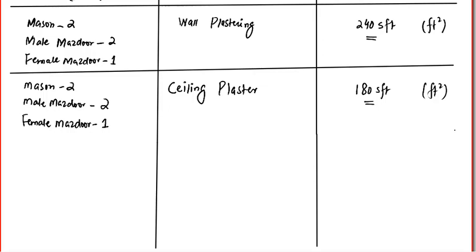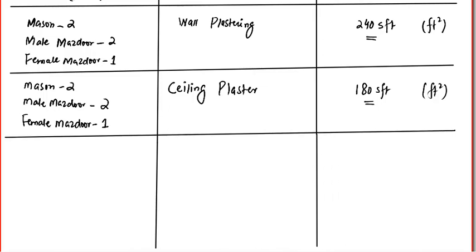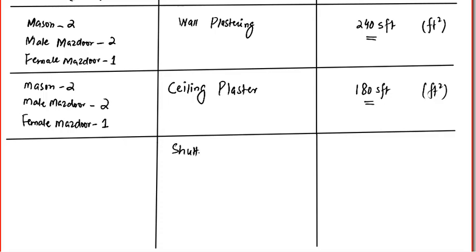And moving on to the next activity. The next activity is going to be shuttering work. For shuttering work, what is going to be the unit of shuttering?